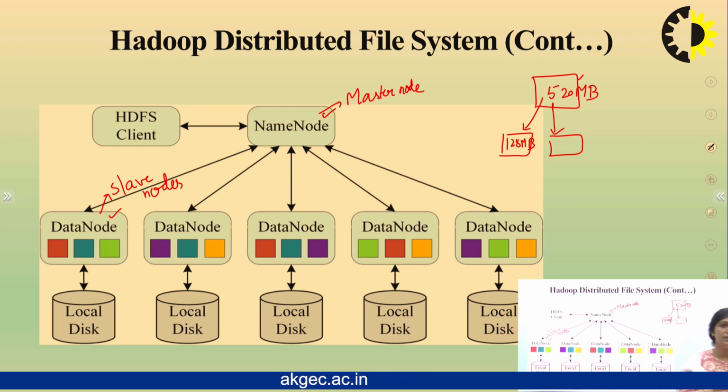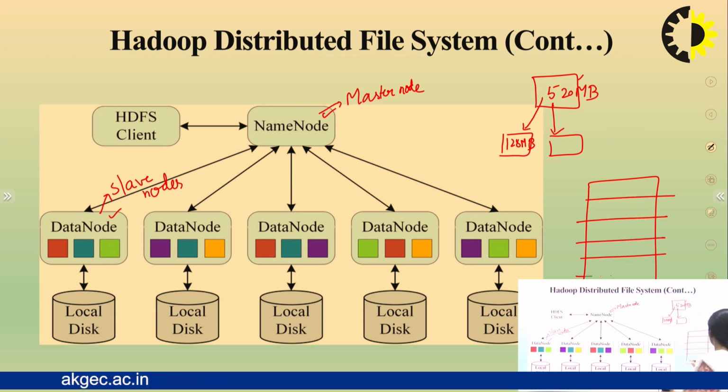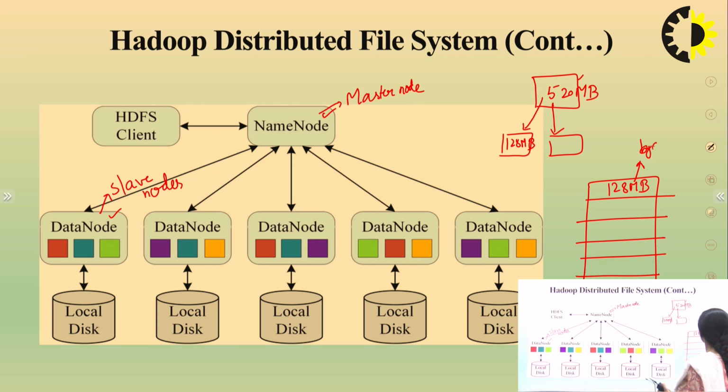When we store any file, it is divided into parts. Like we split this file, and every part contains 128 MB of data by default. Now, this 520 MB of data will be stored in the form of blocks, and each block only has 128 MB of data.